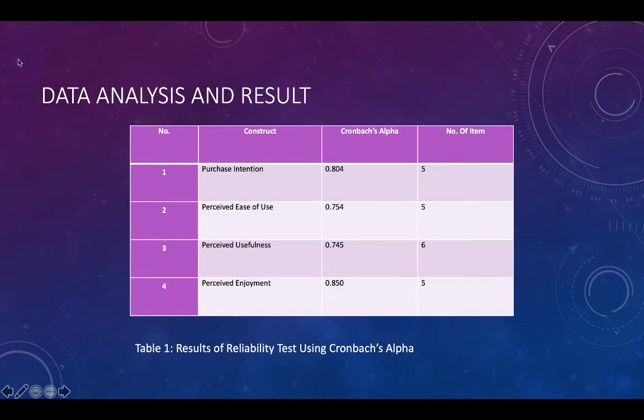The table shows the reliability test using Cronbach alpha.